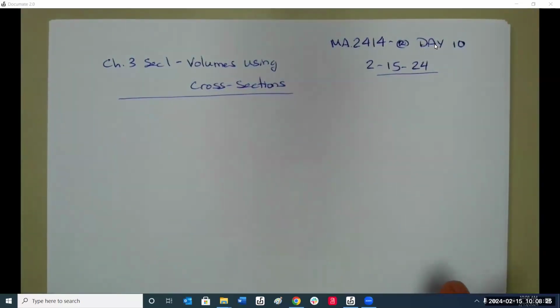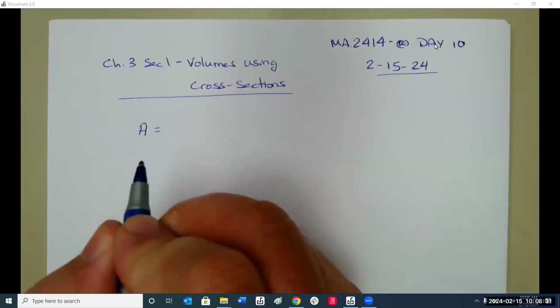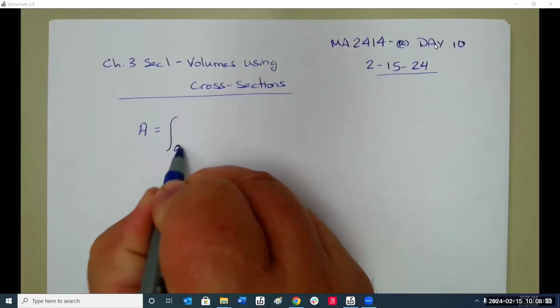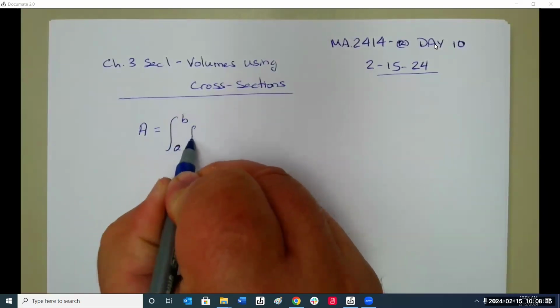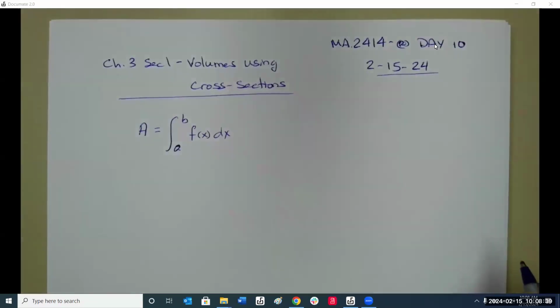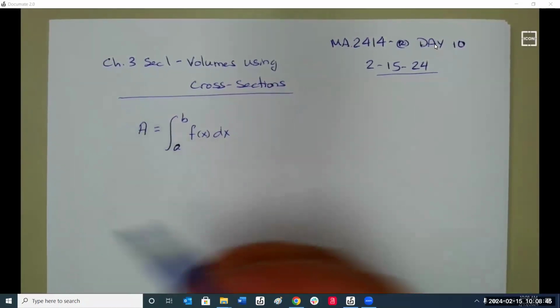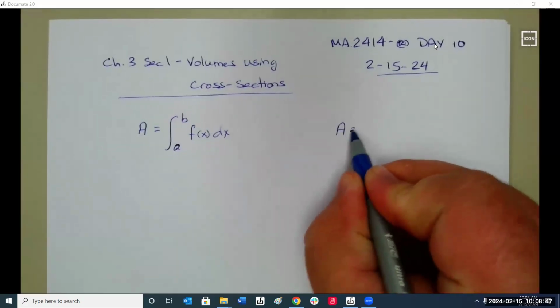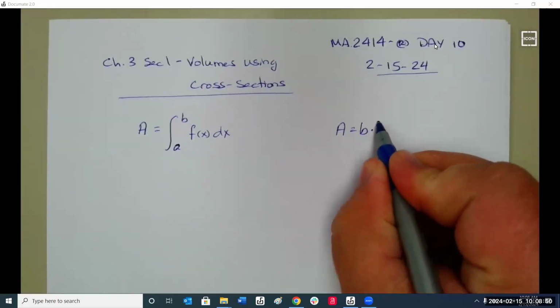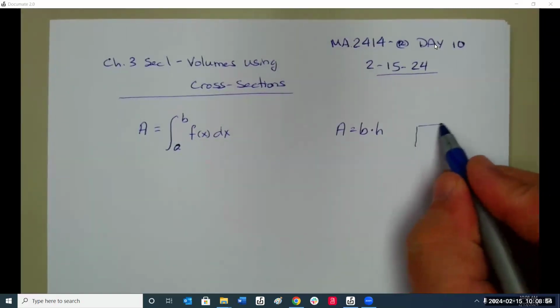Because remember what we found in the last chapter, we found areas. This time we're now going to look at volumes. Well, area is base times height, which is 2-dimensional.